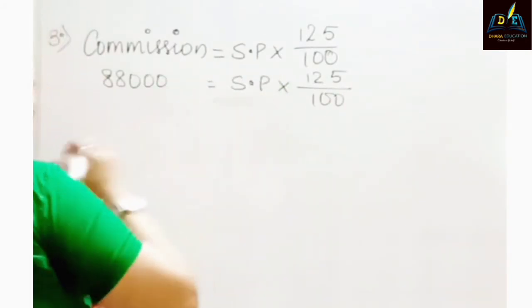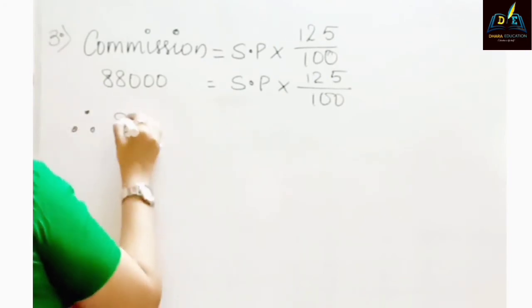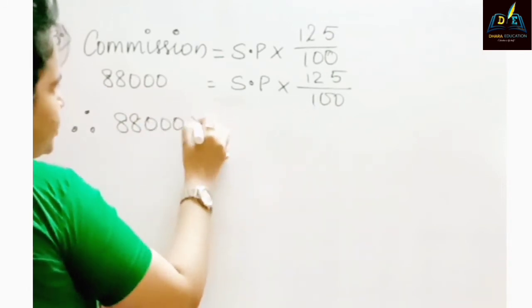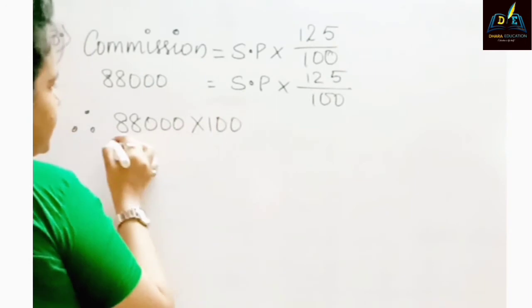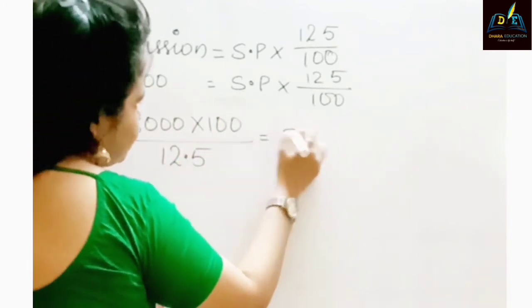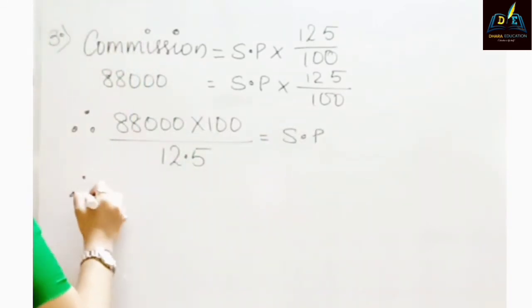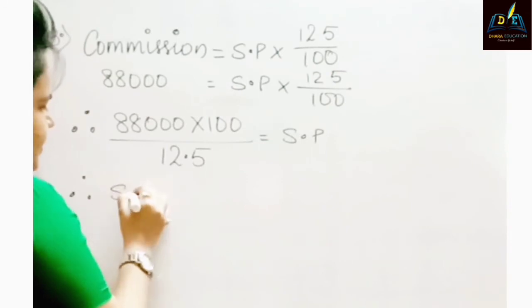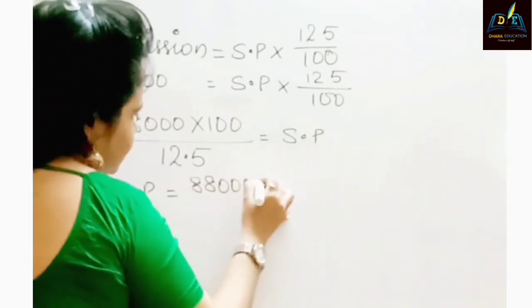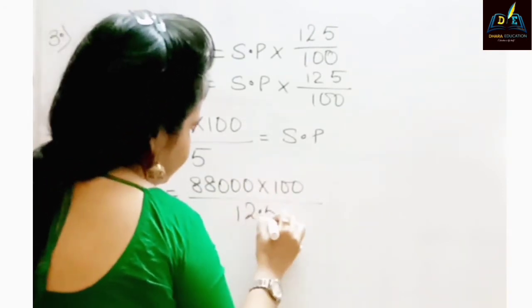So 88,000 is multiplied with 100 upon 12.5 to get the selling price. That is, SP is equal to 88,000 multiplied by 100 upon 12.5.